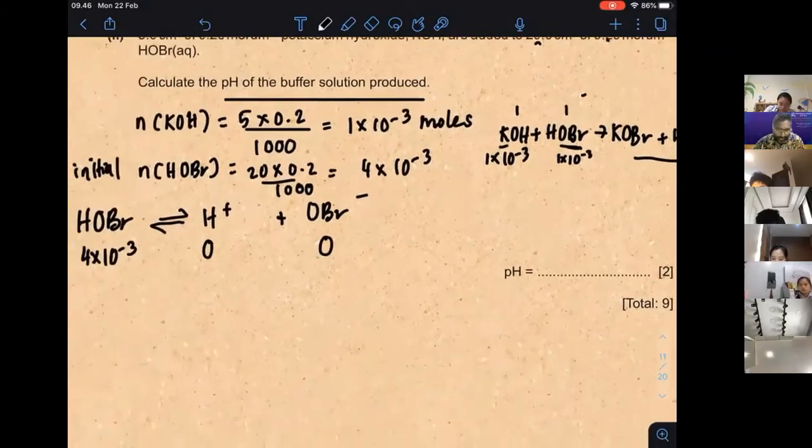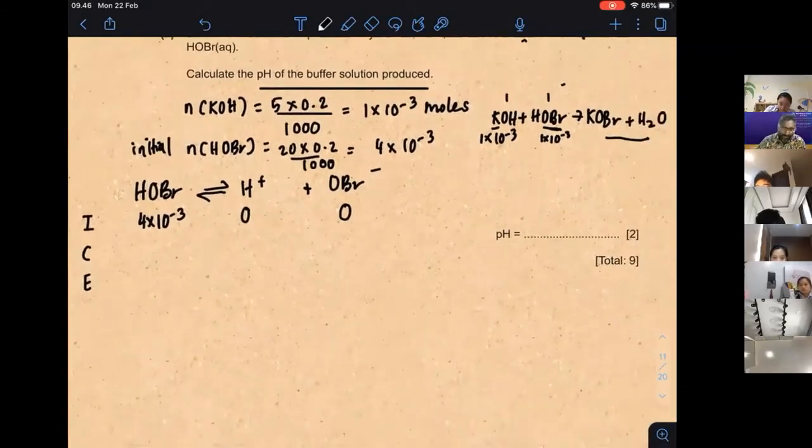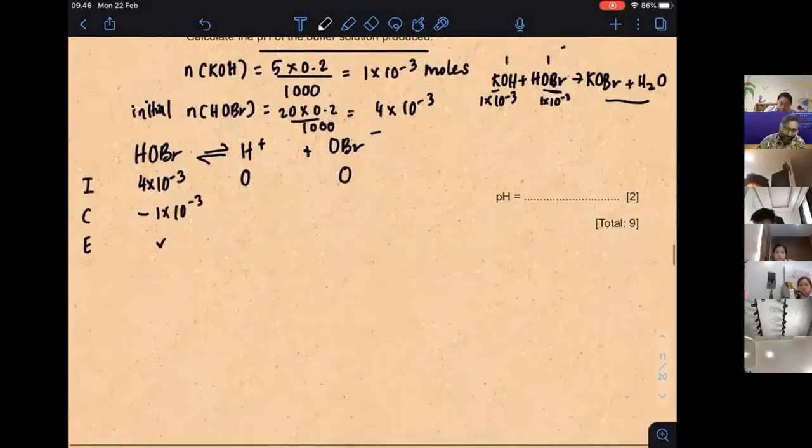So at equilibrium, the change is that you react 1 times 10 negative 3, so you get 3 times 10 negative 3.